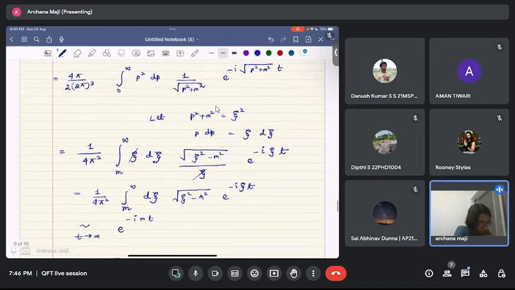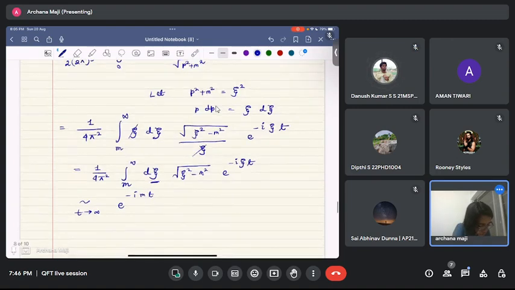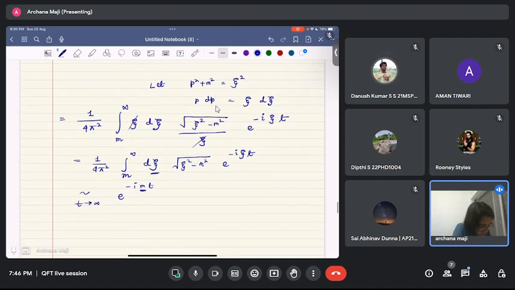We are writing down the lower limit because as t tends to infinity, the xi limit goes from m to infinity, and the lower limit is put here just to show that there is one value.